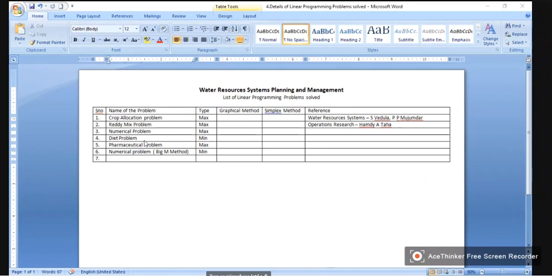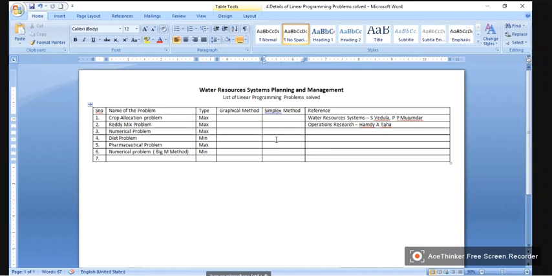For the next class, all should come with solutions for the third and fourth problems. The fourth problem is a minimization problem, whereas the third problem is a maximization problem. For the third problem, you have to draw the graph and find the solution by the simplex method. For the diet problem, you have drawn the graph already. You have to present the solution by the simplex method. Is it right?